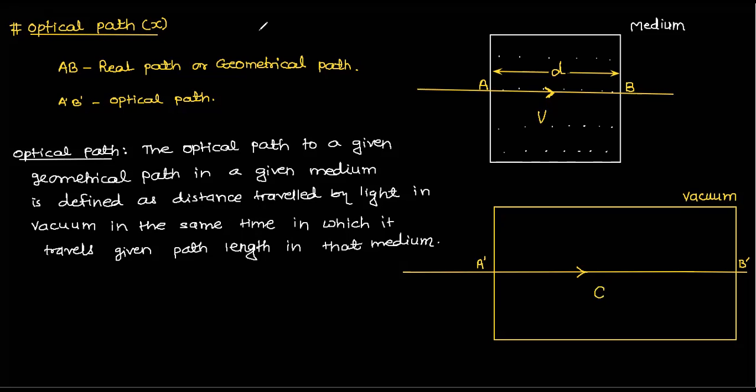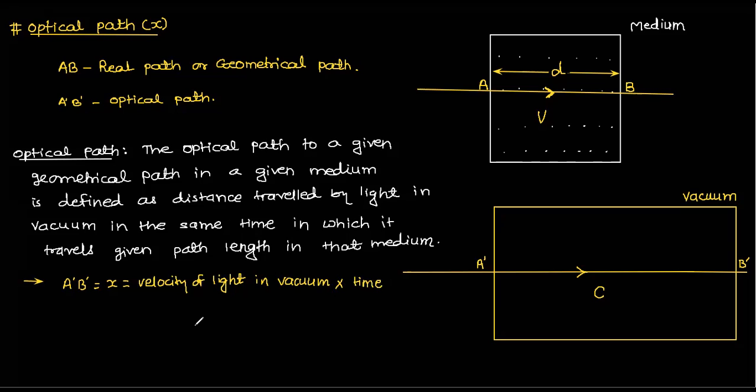Now see here what I am writing below. A'B' is equal to x, which is equal to the velocity of light in vacuum into time.